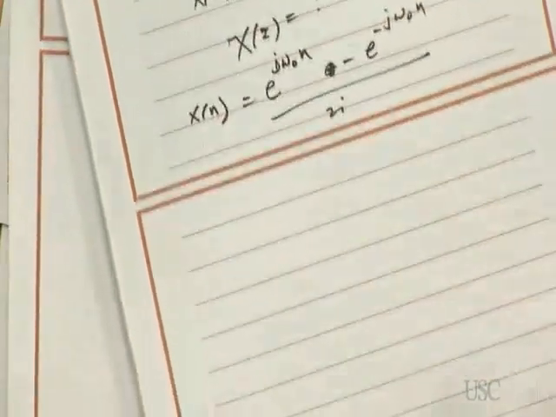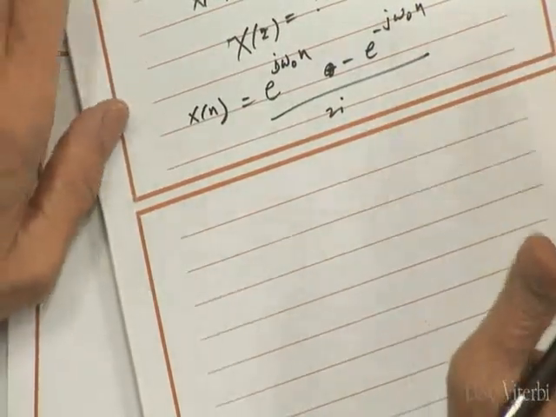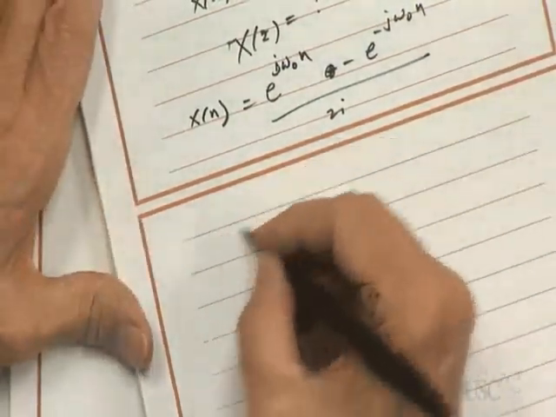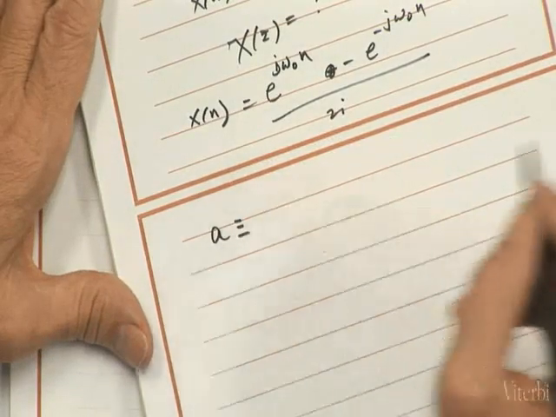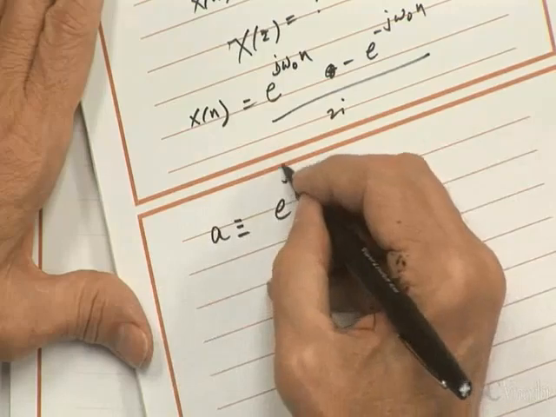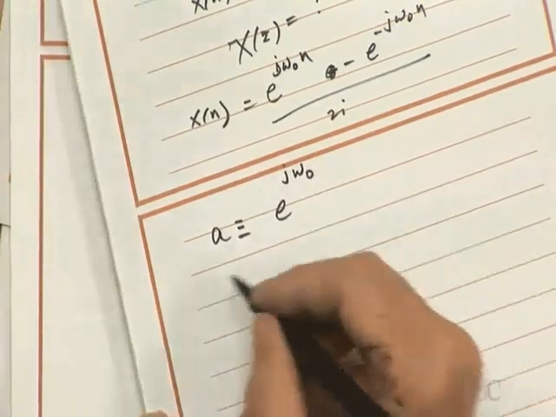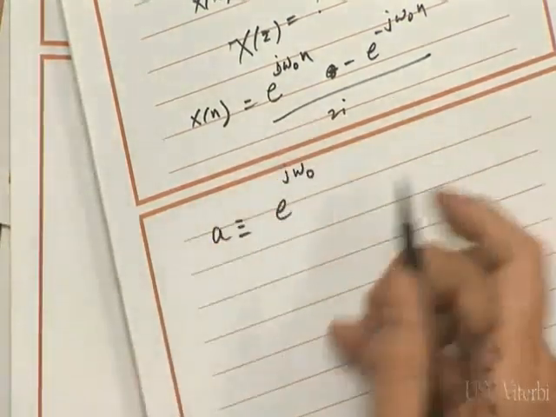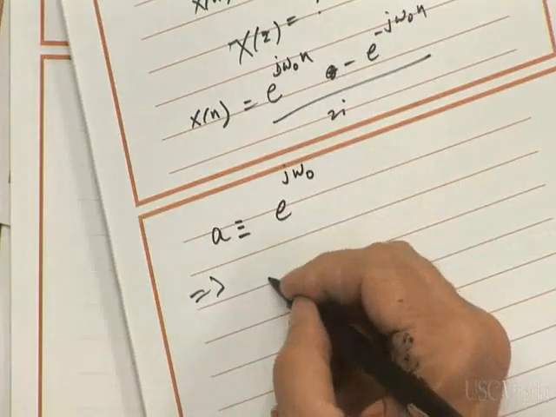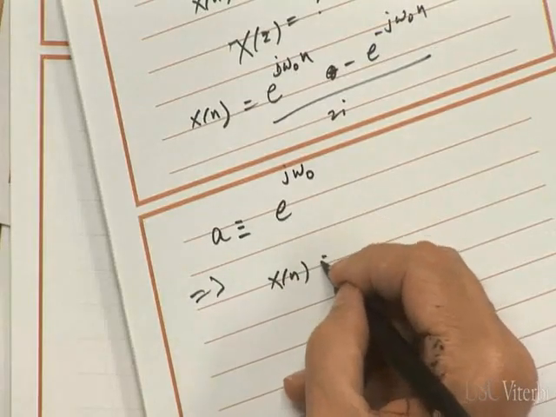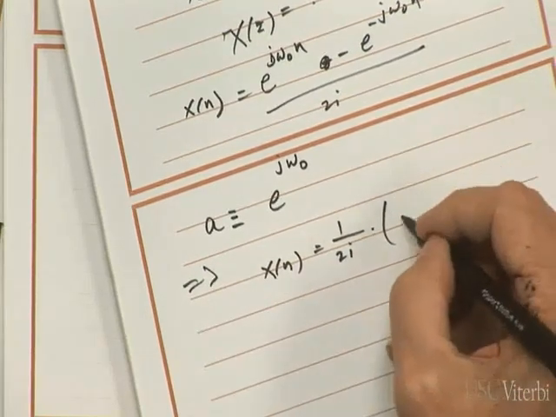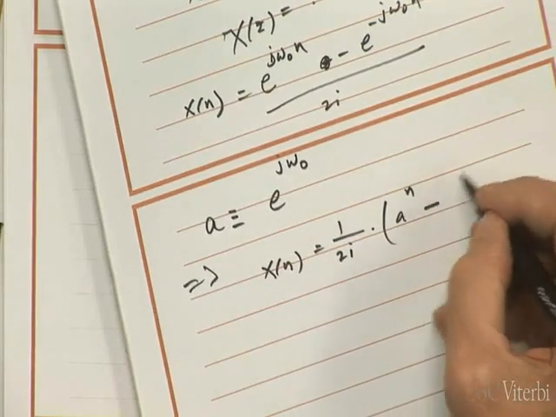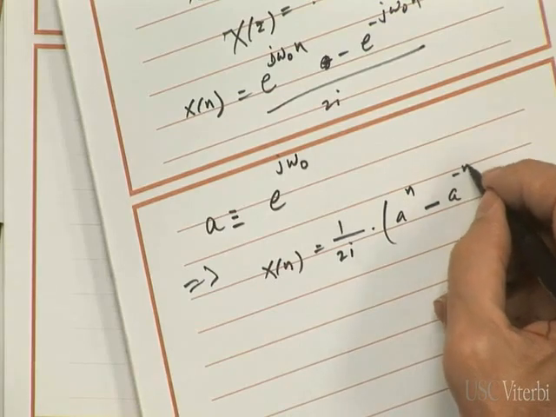Now if you will allow me, allow me to call a equal to e to the j omega naught. So I'm just, by definition, so that implies that x of n is equal to 1 over 2i, just a constant, times a to the n minus a to the minus n. All right?